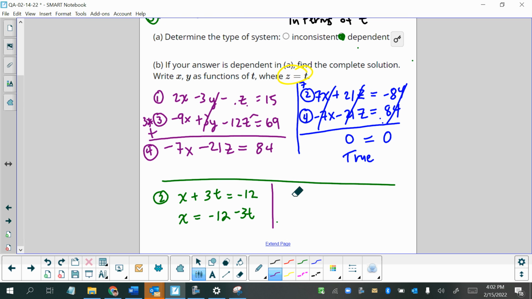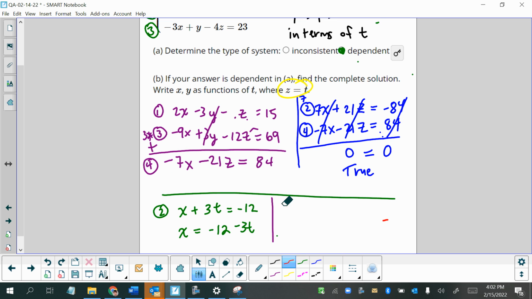So the third equation, which is negative 3x plus y minus 4z equals 23. And I'm going to solve for y. So I'm just going to add 3x to both sides, and I'm going to add 4z to both sides.